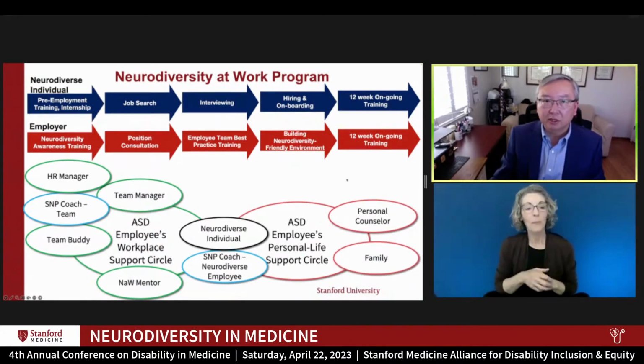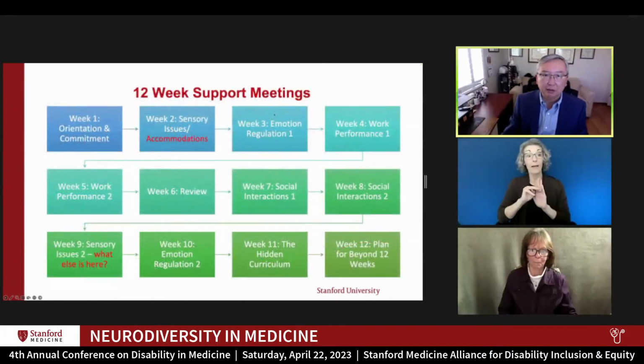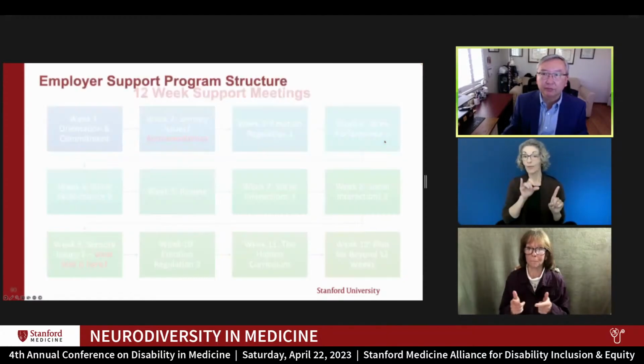So this model is basically used to show that the retention for autistic individuals is better with our curriculum than if we use a business as usual approach. And this is basically a sample curriculum.